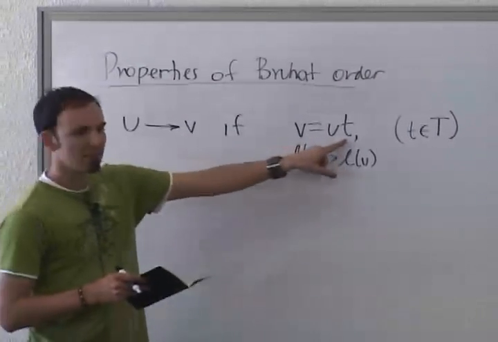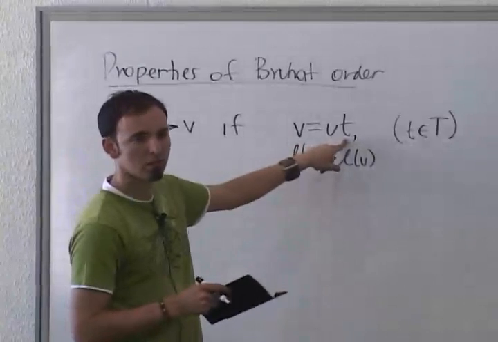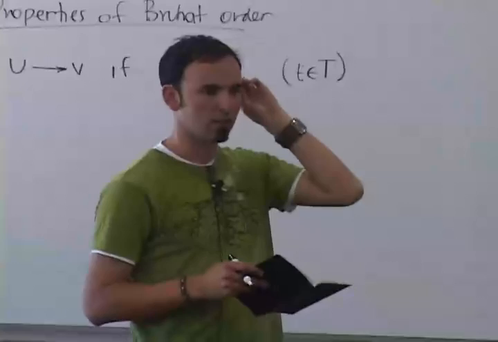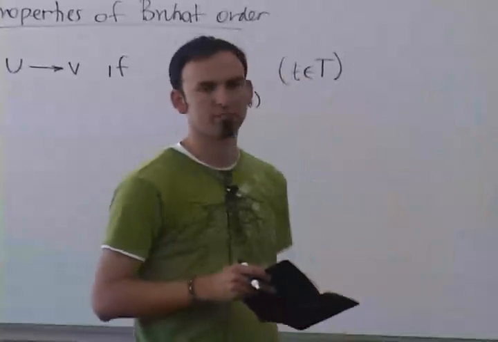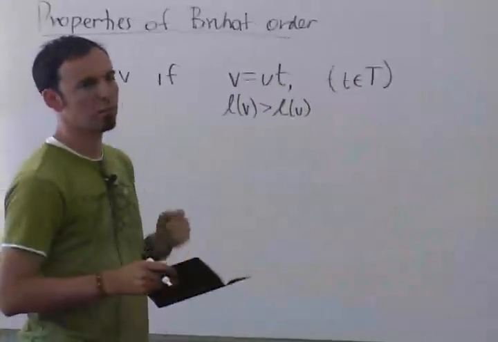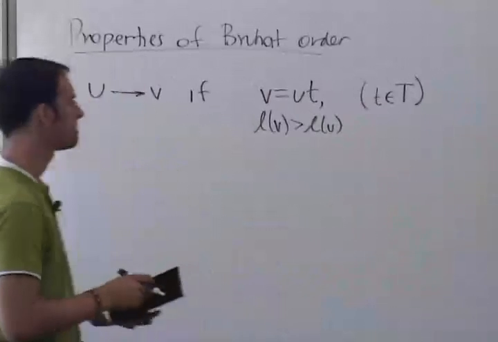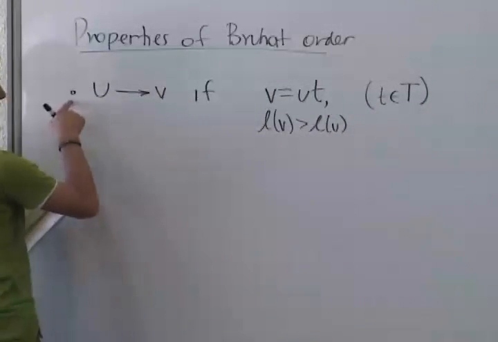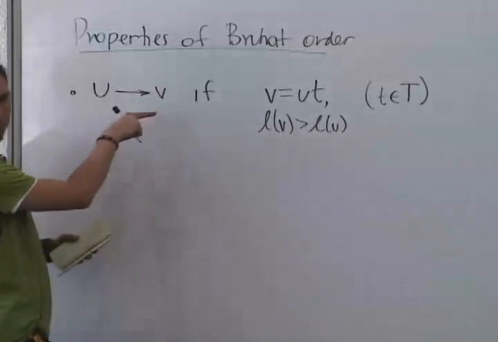And because I'm multiplying by t on the right here, that's why I want an exchange property that explains what happens when I multiply on the right. I proved it on the left, but the same thing is true for the right side. So this is how we defined the arrows of the Bruhat graph.